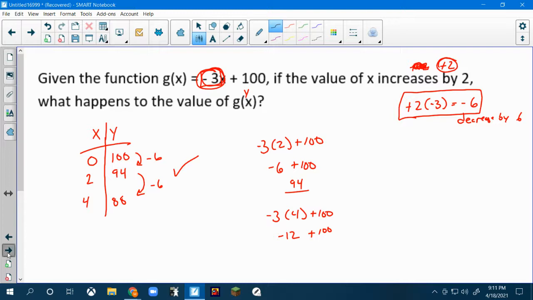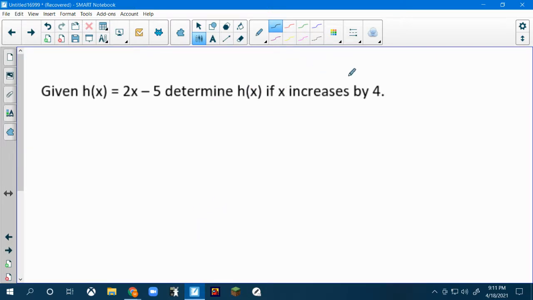Okay, one more. I'm going to increase by 4, and my m value is 2. 4 times 2 is 8. Let's check. Again, we're going to pick 0, which is going to be negative 5. I'm increasing by 4. 2 times 4 minus 5 is 3.